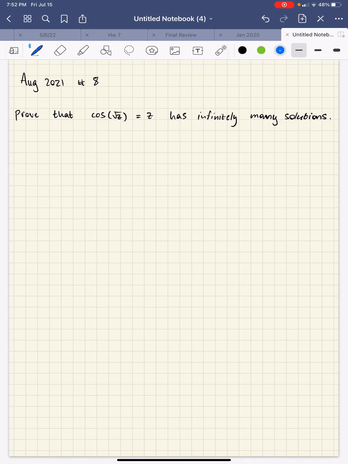And our main tool that we're going to use, our main theorem, I think it's the big Picard Theorem.